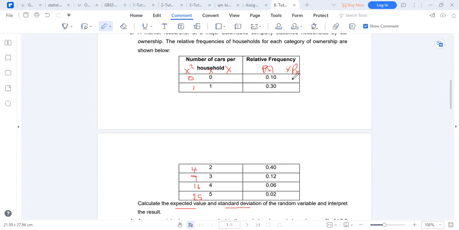0 times 0.10 is 0. 1 times 0.3, 0.3. 2 times 0.4, 0.8. 3 times 0.12 is 0.36. 4 times 0.06, 0.24.